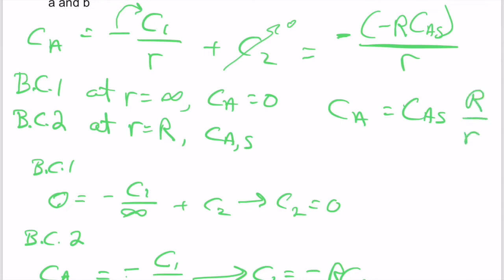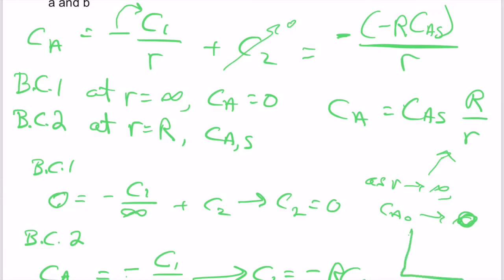And again, checking to see if this makes intuitive sense and physical sense. At big R, which is the surface of your zero gravity floating sphere, big R over big R would be 1, so CA would equal CAS. And then as r goes to infinity, this does in fact go to 0. This feels pretty good to me if I think about what the math translates to in the real world.